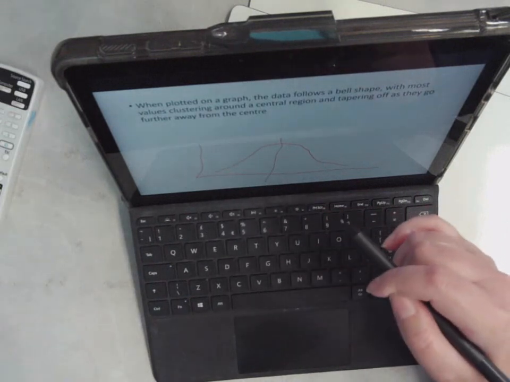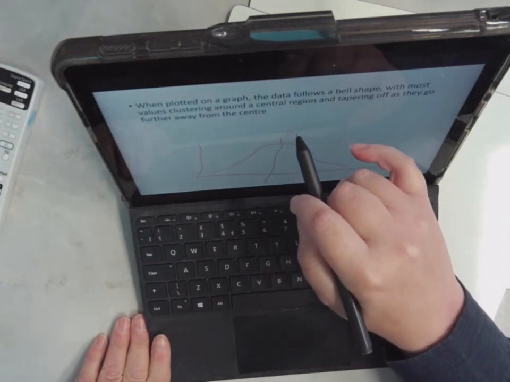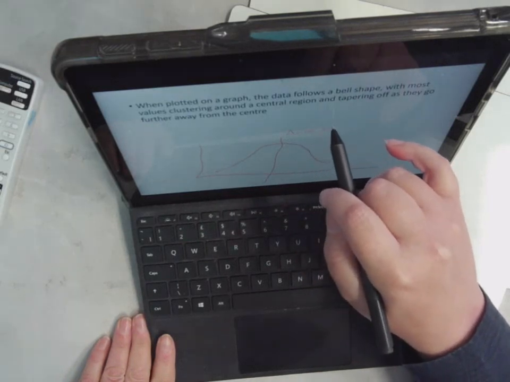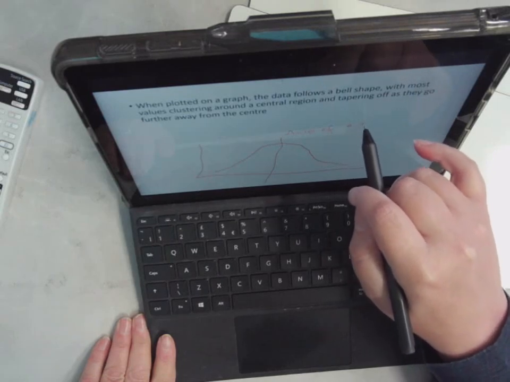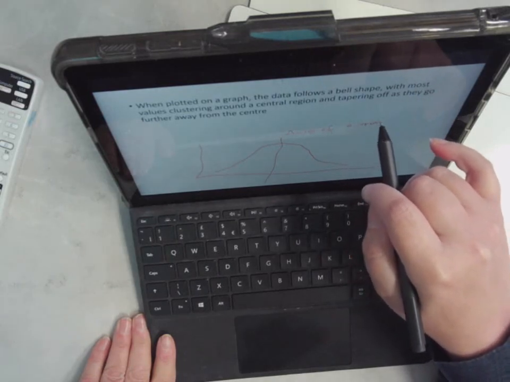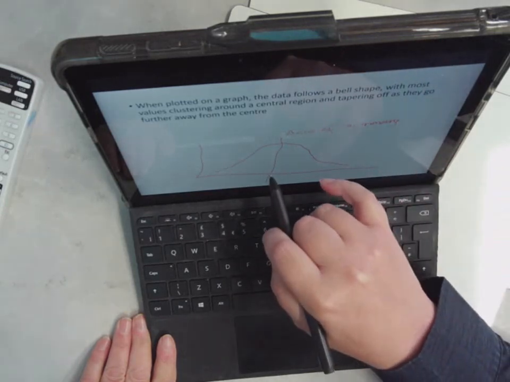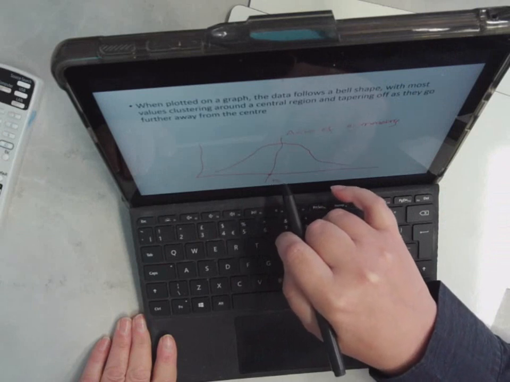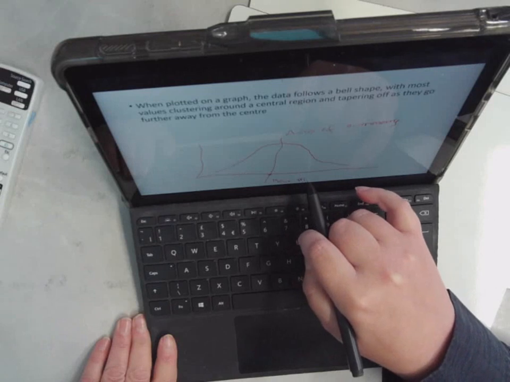It's perfectly symmetrical around that axis of symmetry. And that number right here on the x-axis, whatever that number is, that's the mean. It's also the median, and it's also the mode of the data.